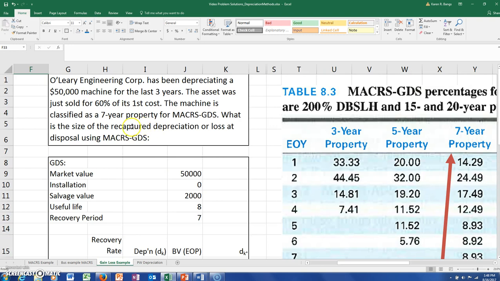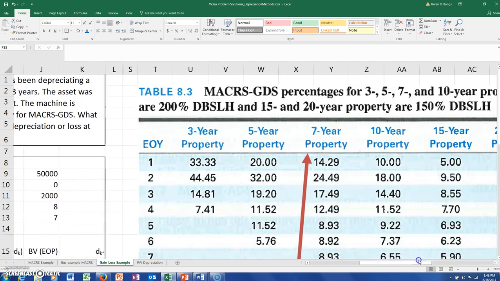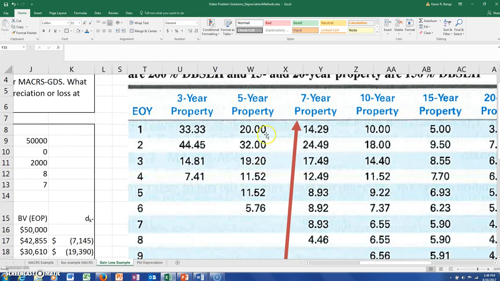In this case, it's telling us that this machine is a 7-year property. So we don't have a description of what the machine is, we just have that it's a 7-year property. So we can go over to our table and we see that unlike the 5-year properties we used in the past, we're going to use the column of 7-year properties.